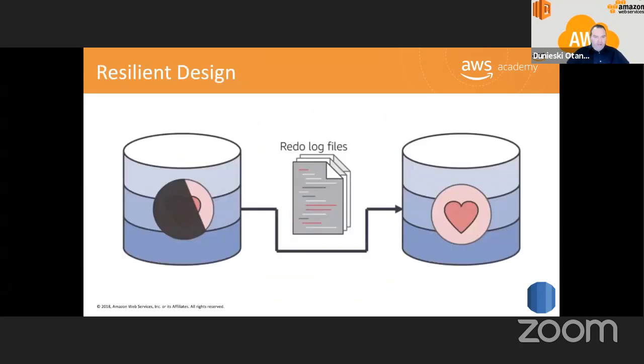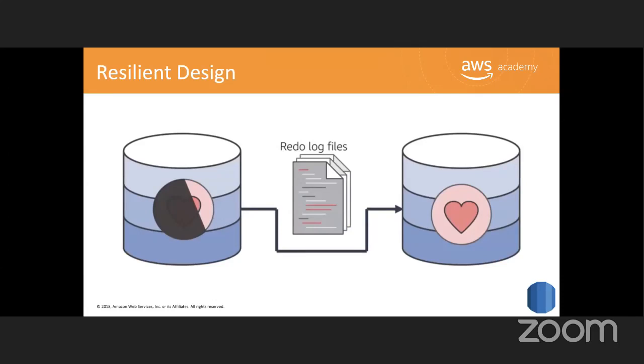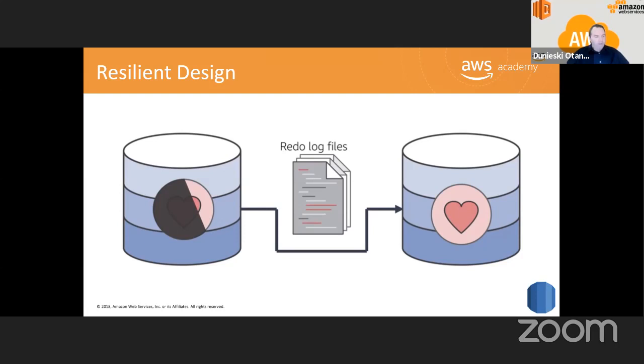So, resilient design, redo log files. Unlike other databases, after a database crash, Amazon Aurora does not need to replay the redo log from the last database checkpoint. Instead, it performs this on every read operation, which is good.